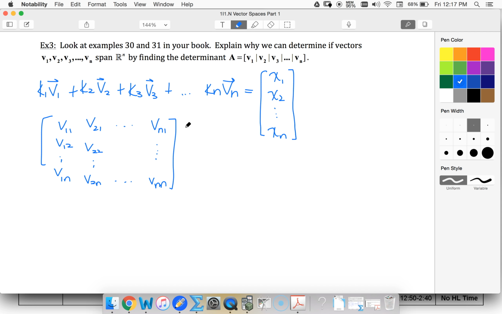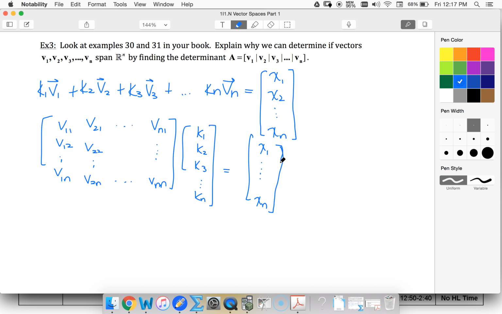And then I would multiply it by my coefficients, k1, k2, k3, etc., down to kn. And then this would be equal to some point in Rn.